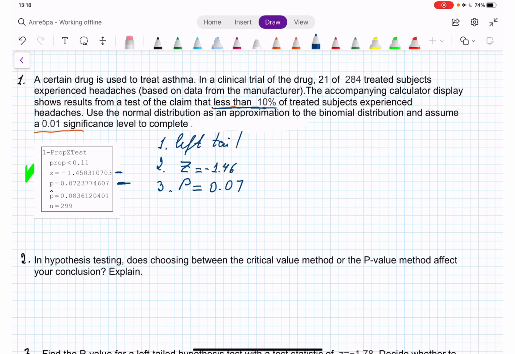We have less than 10%, which is less than 0.1, and since it's less than, that's going to be our alternative, a separate proportion or probability. Which means the null is going to be greater than or equal to 0.1.